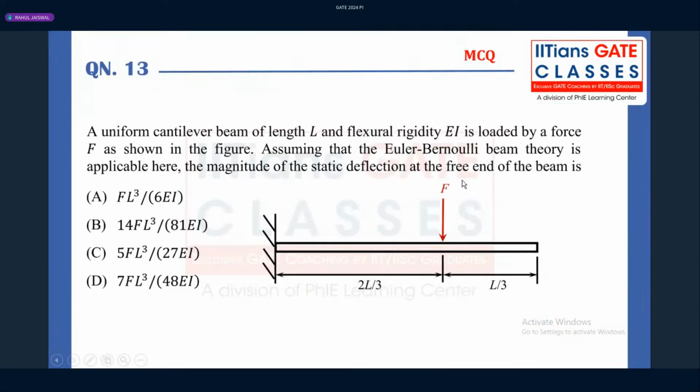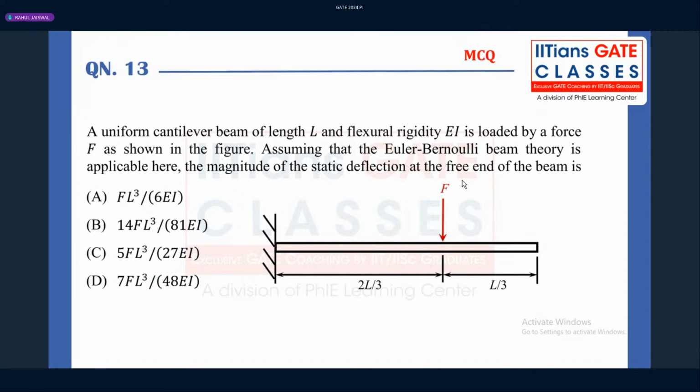Coming to question number 1 in applied mechanics and design, there is an MCQ based on strength of material. A uniform cantilever beam of length L, having flexural rigidity EI, is loaded by a force F as shown in the figure.